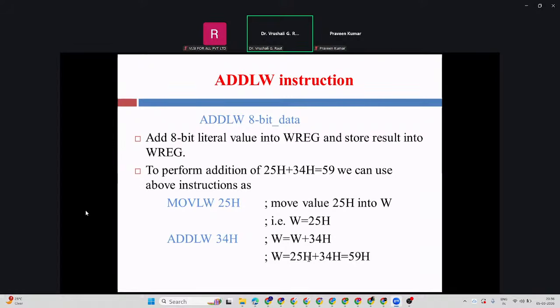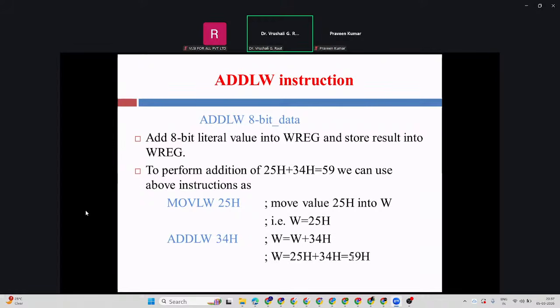So 25 in hexadecimal plus 34 in hexadecimal will give 59 in hexadecimal. So finally, after this addition operation, what will be in W? There will be 59. How will the 8 bits be? 5 means 0, 1, 0, 1, and the remaining 4 bits, 9 means 1, 0, 0, 1.